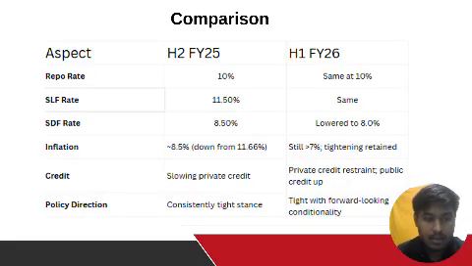And in this slide, I will compare this monetary policy with the previous one. In this year's monetary policy, we can see that the repo rate is 10%, the same as the previous one, and the statutory liquidity rate is 11.50%, also the same as the previous one.